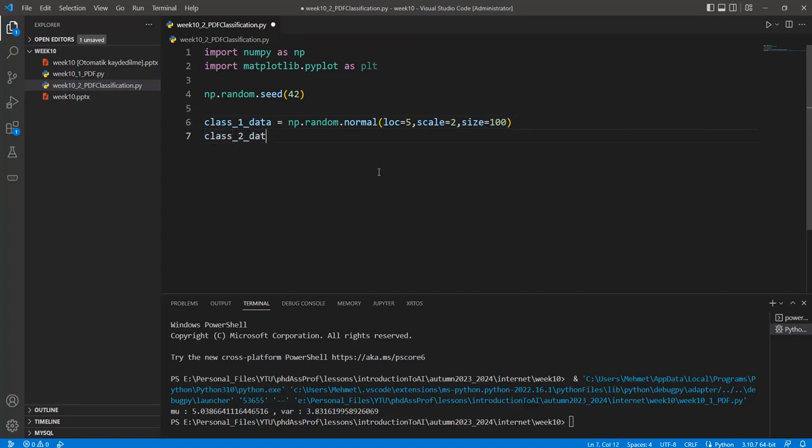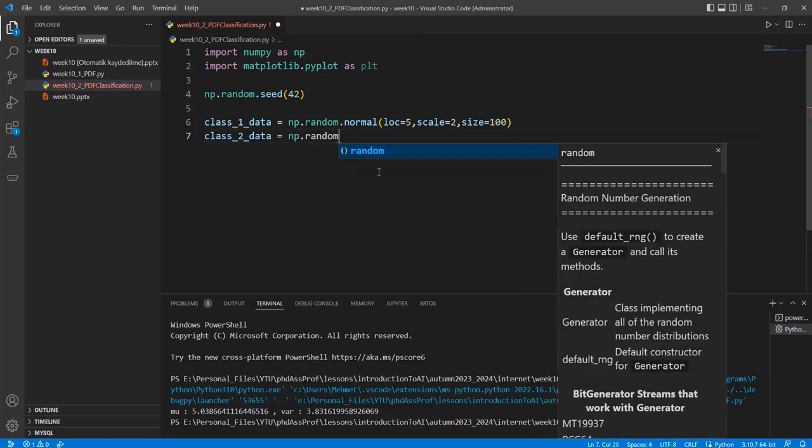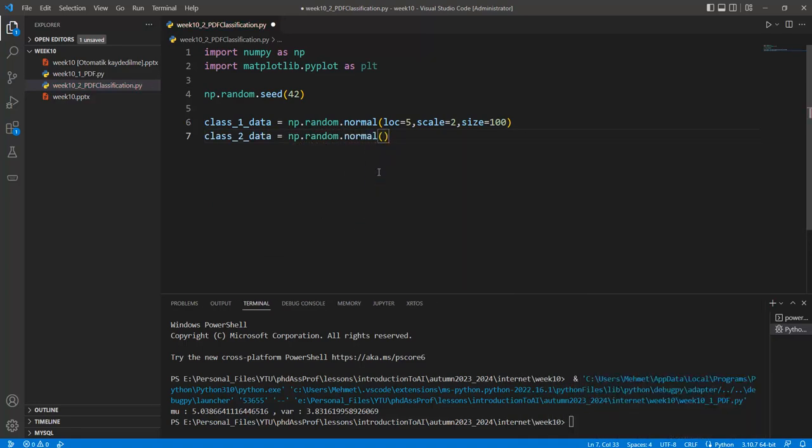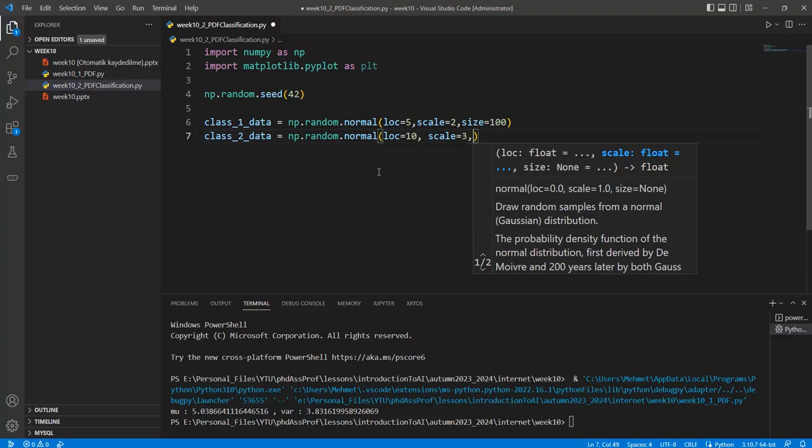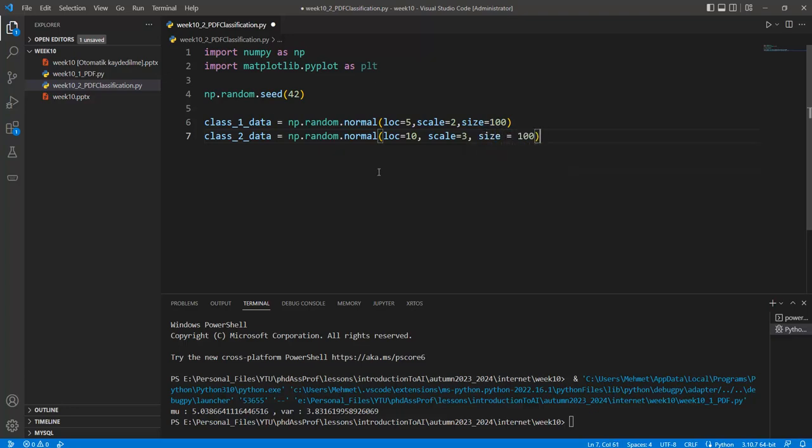Class 2 data is np.random.normal with location 10, scale 3, and size equal to 100. Okay, and in each case we should give the mean: mean class 1 is equal to np.mean of class 1 data. In the second case we should give class 2 data.